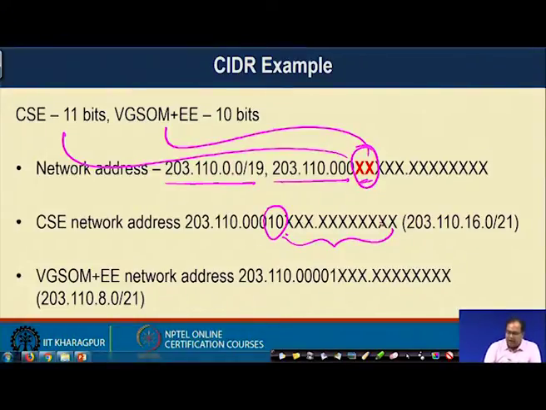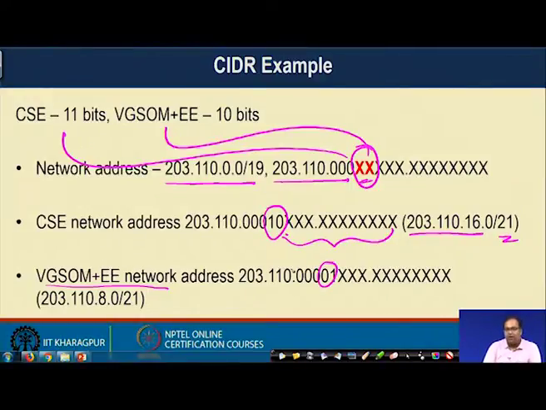So, my IP address for the CSC network becomes 203.110.16.0/ now I have taken 2 bits here in the network address space. So, this becomes 19 plus 2, that is 21. And for the VG-SOM plus E network address, these 2 bits I am making 0 1.